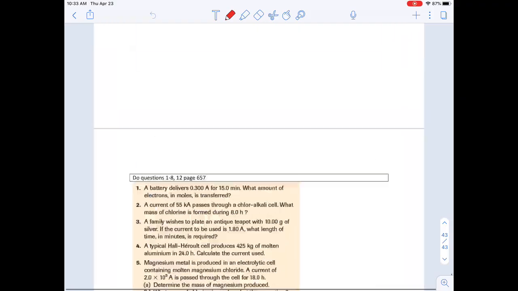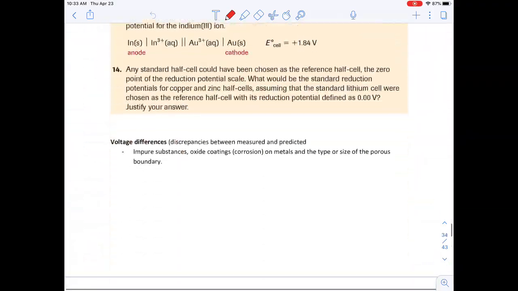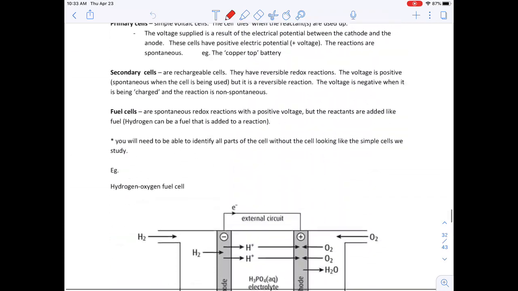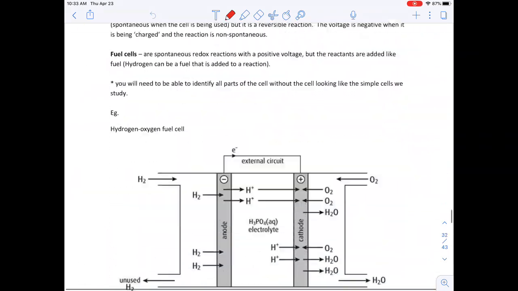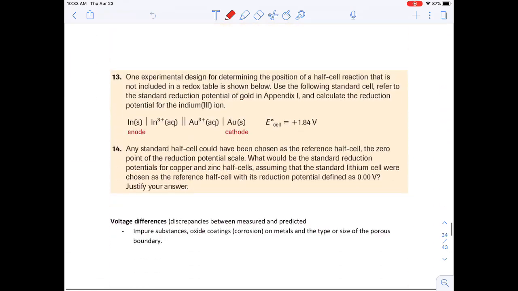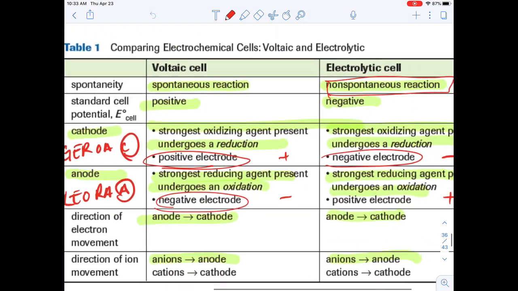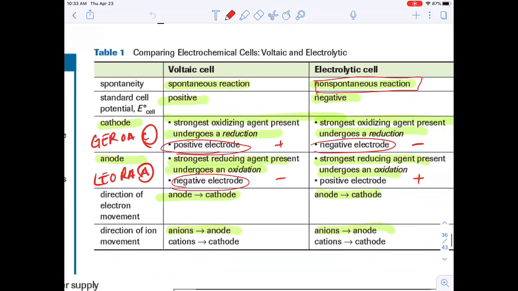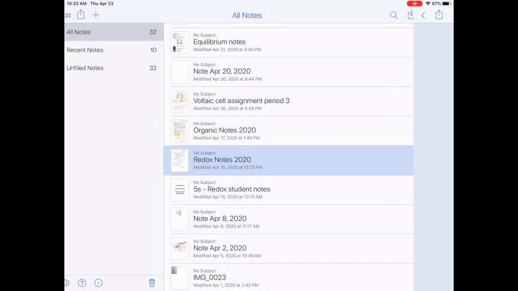There's a table in here that shows the differences and similarities between them. It's shown here, and you need to know the similarities and differences between the electrolytic cells and voltaic cells.